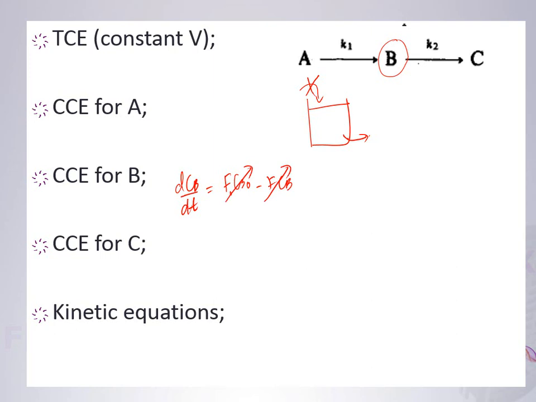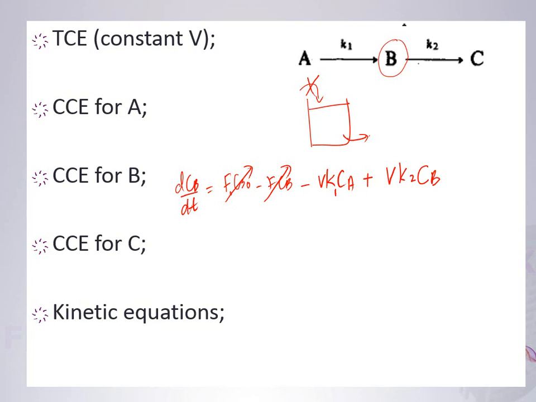No in, no out. But this one is very much depending on your rate of consumption and rate of production. So that is minus V K1 CA, and plus V K2 CB.